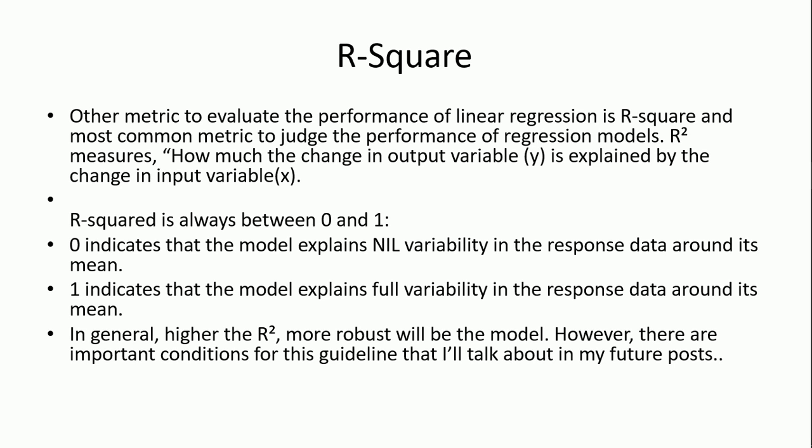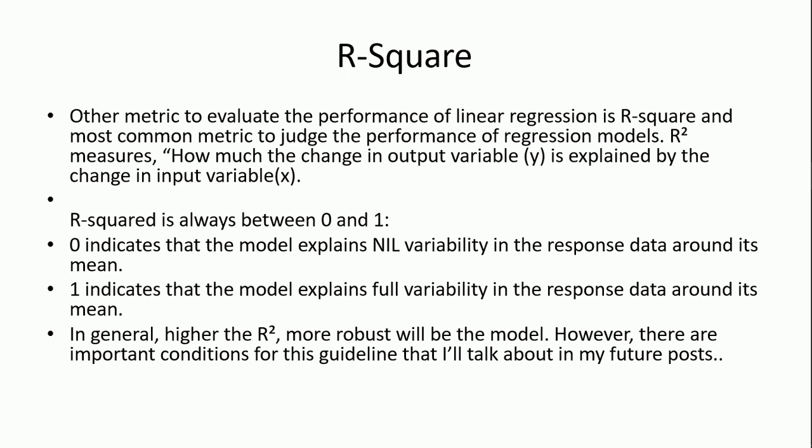That is what it measures. The value you get from R square is between 0 and 1. 0 indicates that the model explains no variability in the response data around its mean, and 1 indicates that the model explains full variability in the response data around its mean.